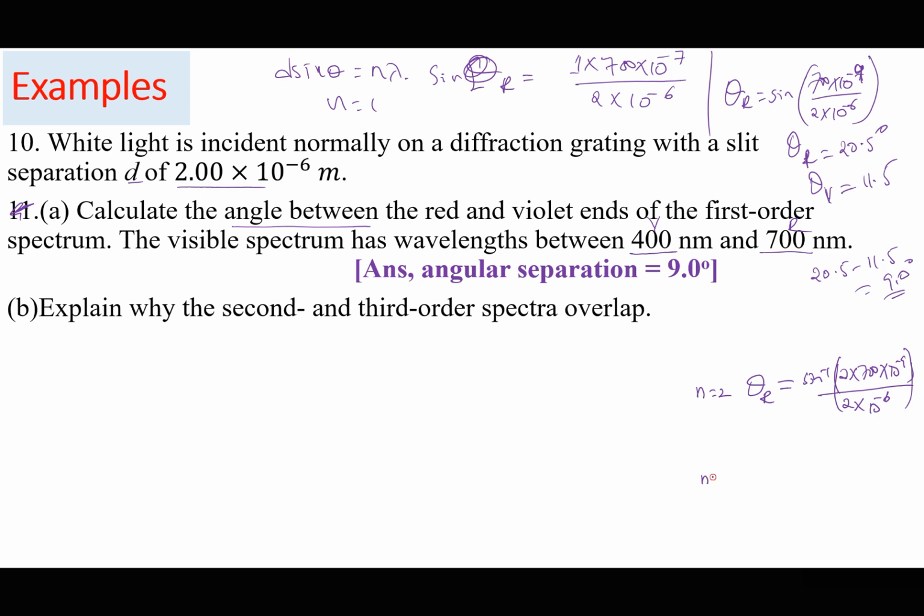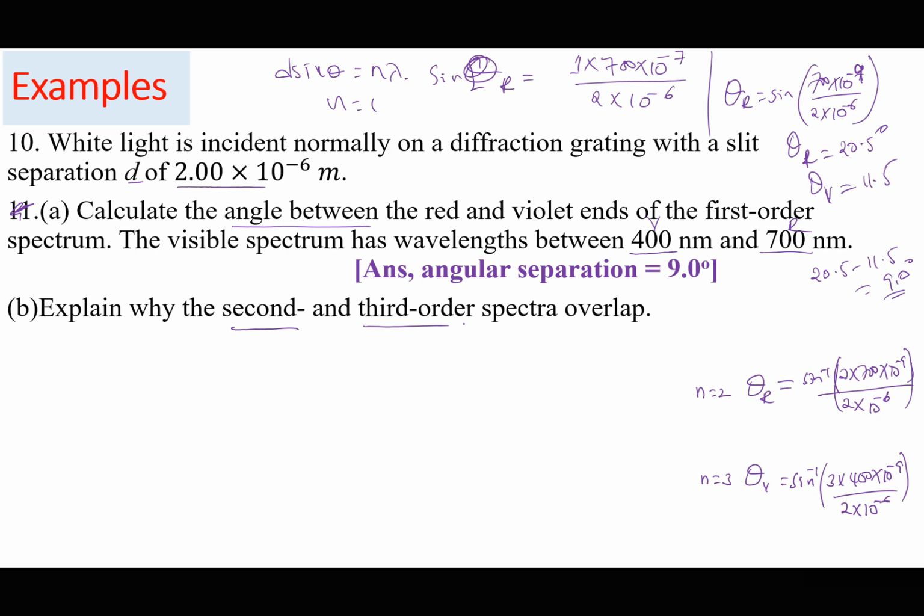Then for n equals 3 for violet, theta for violet is going to be sine inverse of 3 times 400 for violet times 10 to the power of minus 9 divided by 2 times 10 to the power of minus 6. So we want to explain why the second and third order spectra overlap.